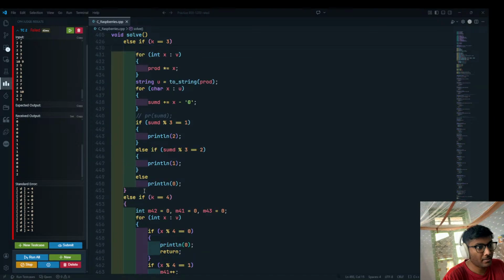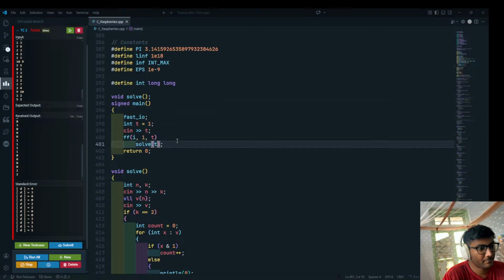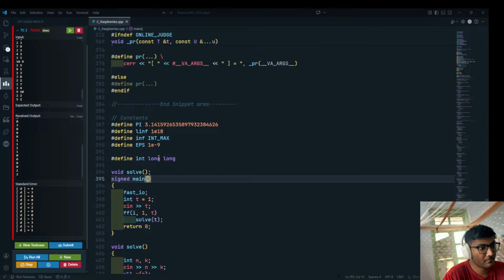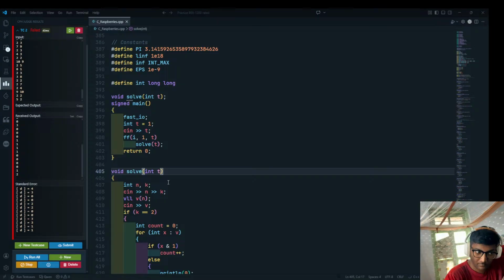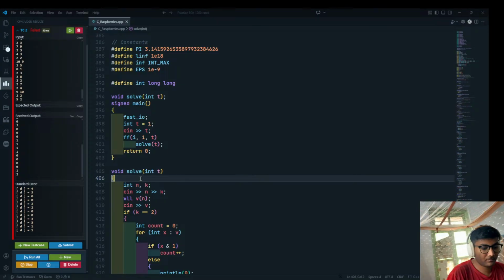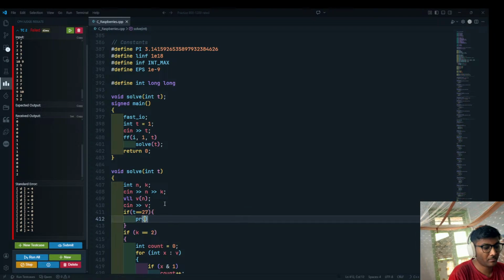Let's try to send this T. T equal to 27, then maybe P.